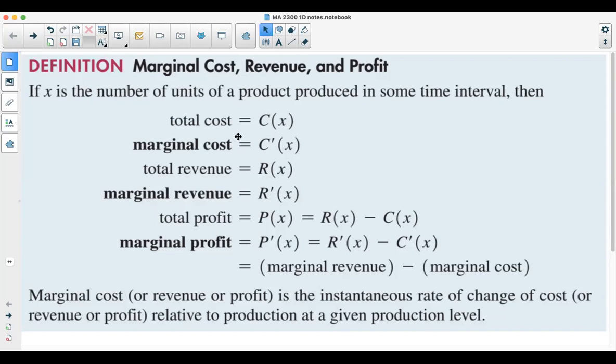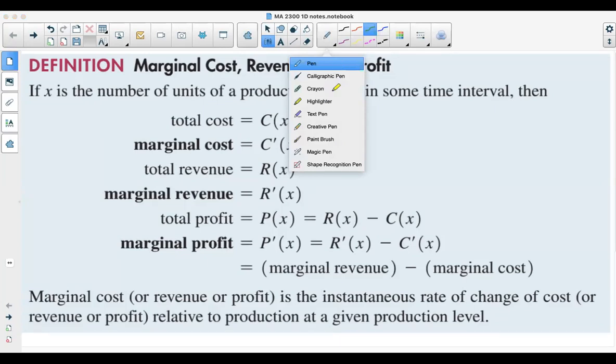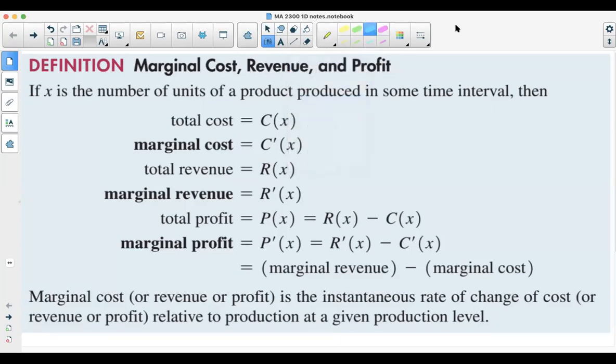Therefore I should be able to find the profit, right? Looking at past practices, I was able to figure out the total cost, how much it costs me, and set it up as a function. And then total revenue, I was able to figure that out as well.